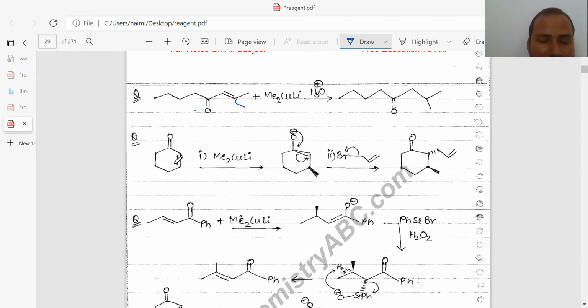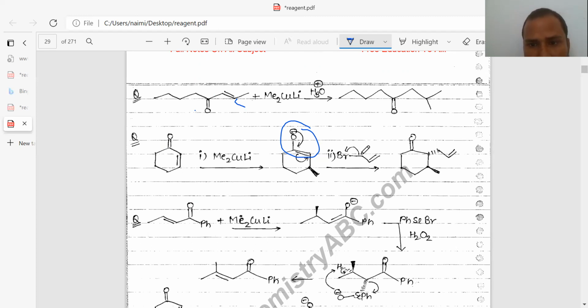Okay, so methyl will be present on the wedge side, and after that this step takes place. Okay, which I have explained here, so there is no meaning of further explanation. Okay, so this charge density further attacks this carbon, this one.